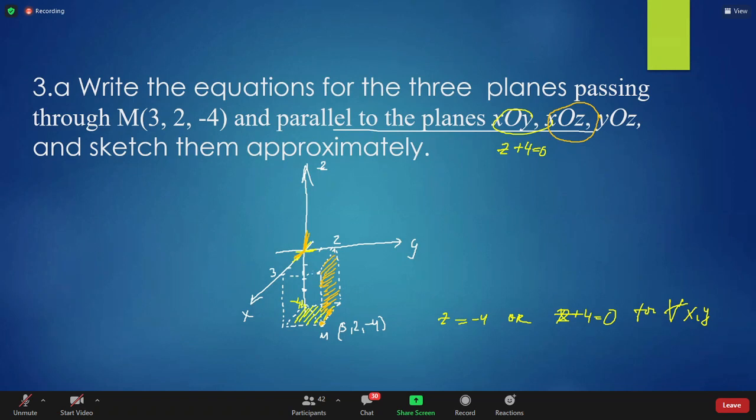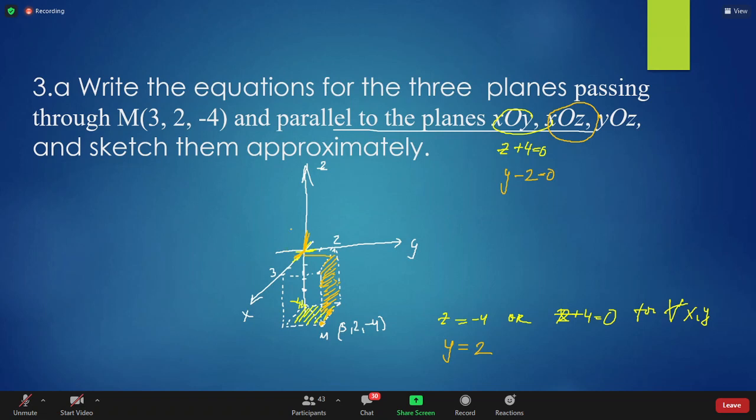All the points of this plane will be at the distance 2 units from the xz plane. So I can write the equation: y must be equal to 2, or I can say y minus 2 equals 0. So this is the equation of a plane parallel to the existing plane of coordinates, or we could say perpendicular to one of the axes of coordinates.